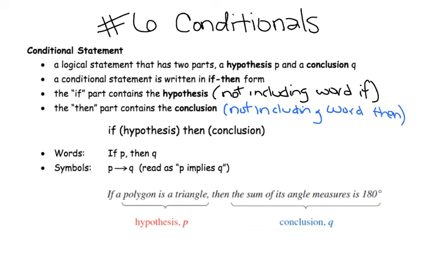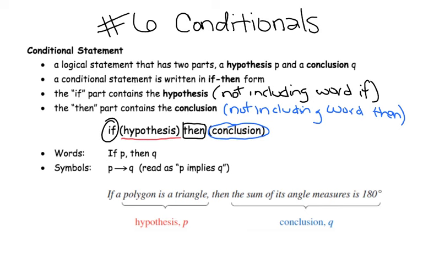Very important that you understand that. So if I ask you, what is the hypothesis? Okay, notice it does not include the word if. When I ask you for the conclusion, it does not contain the word then. Okay, that would be incorrect.